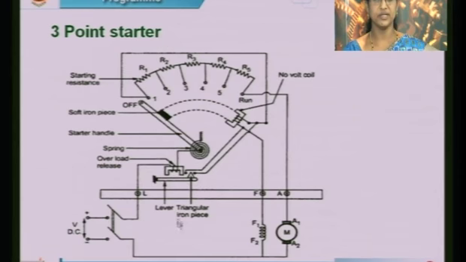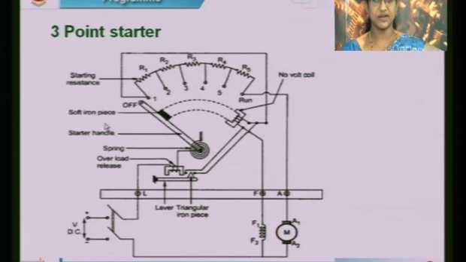So, here we have that lever, this is the conducting part, and this overload release coil is connected to the conducting lever, and at the bottom end of this lever there is a spring. This spring is attached to this conducting lever and the other end is freely movable here.